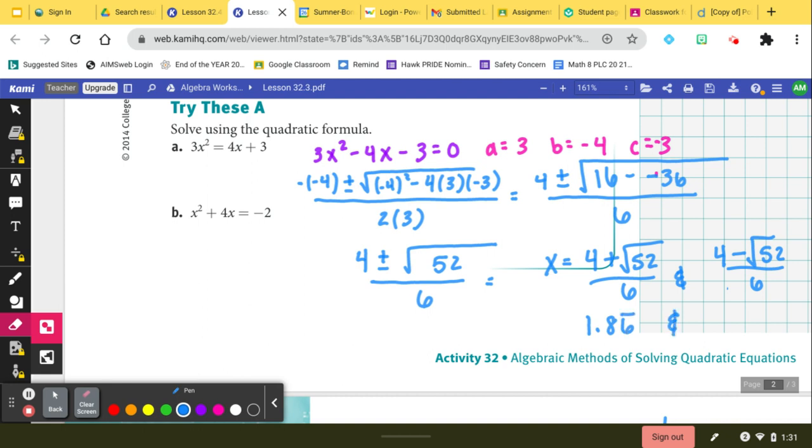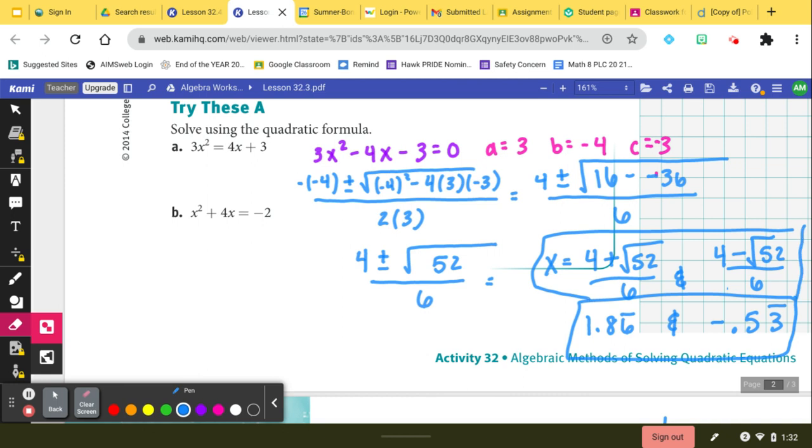And then the other one, 4 minus 7.2 divided by 6, would give me negative 0.53 repeating. So these would be my two estimated solutions. And again, you can leave them as the radical version, or you can simplify them with a calculator.